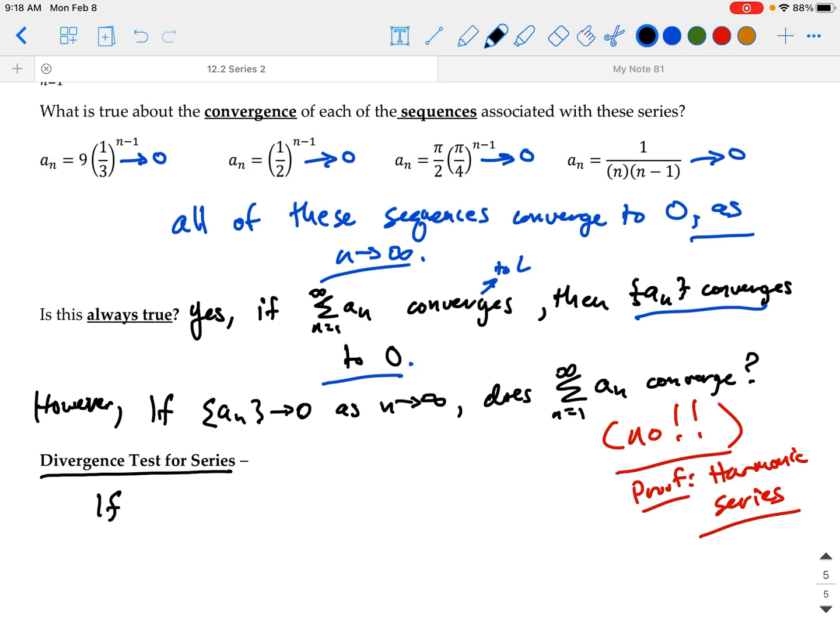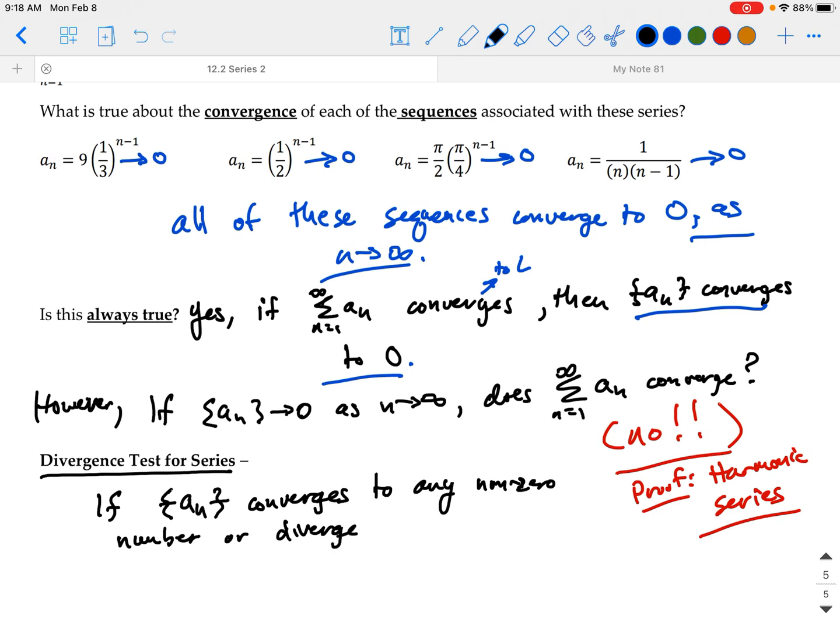What we can say is that if a sub n converges to any non-zero number, or diverges, then our series diverges.